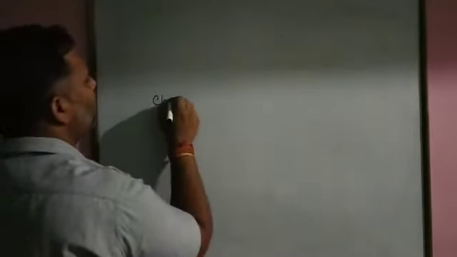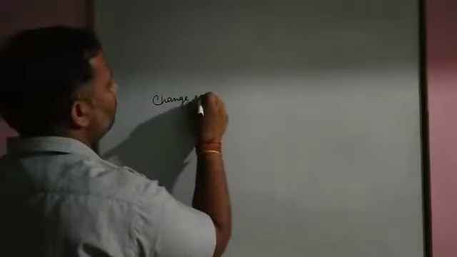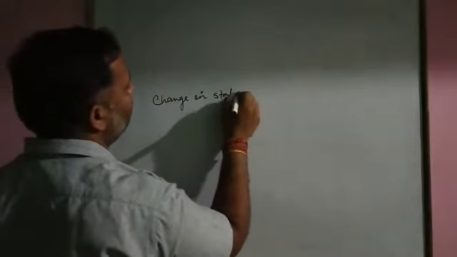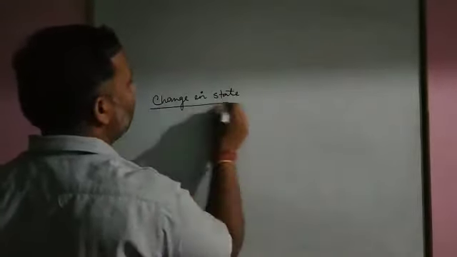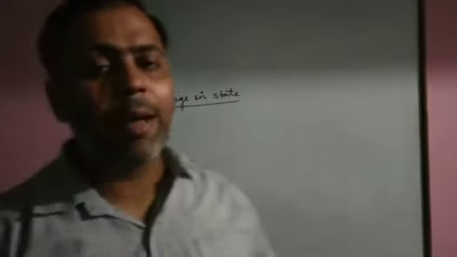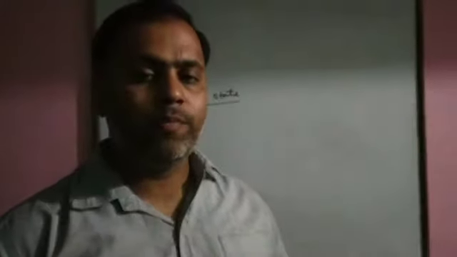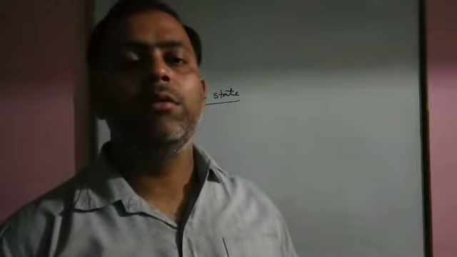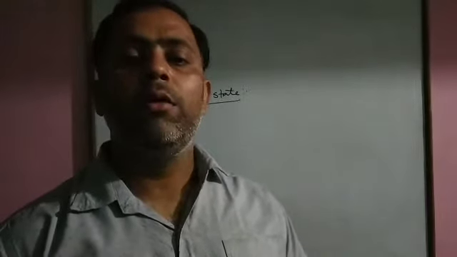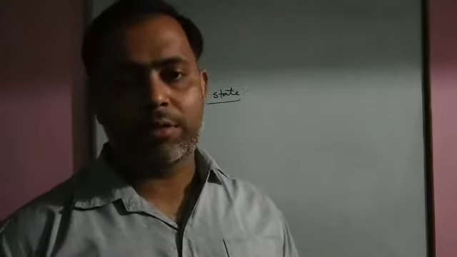Next, we will discuss the next one, that is change in state. Change in state. Let us take the example of wax. When wax is burned, then first of all it melts.